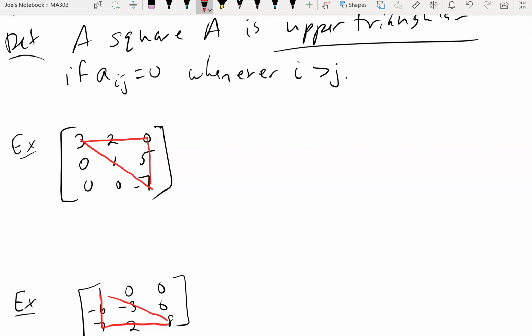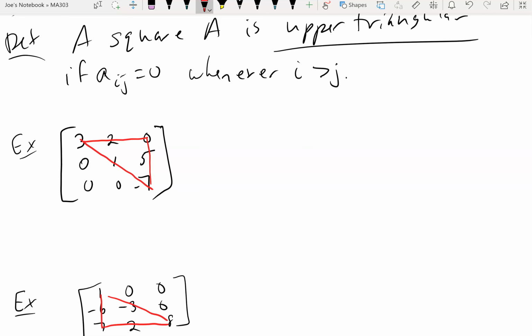So think about the subscripts that are here above the diagonal. This entry, what's the subscript here? 1, 2. This one would be 1, 3, and 2, 3. So the row number really is smaller than the column number, right?